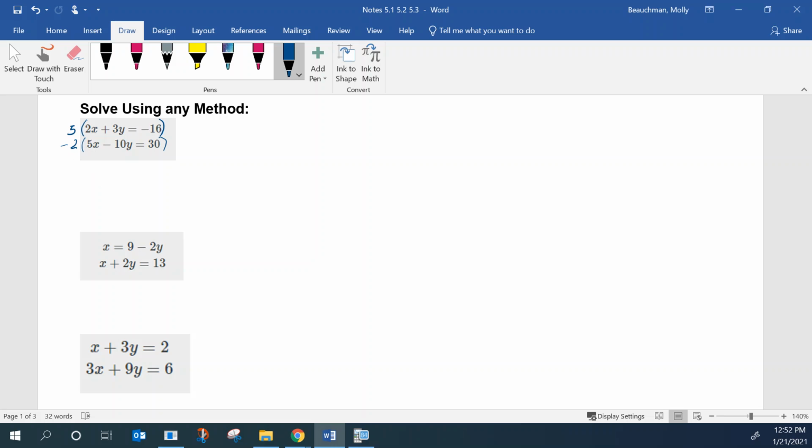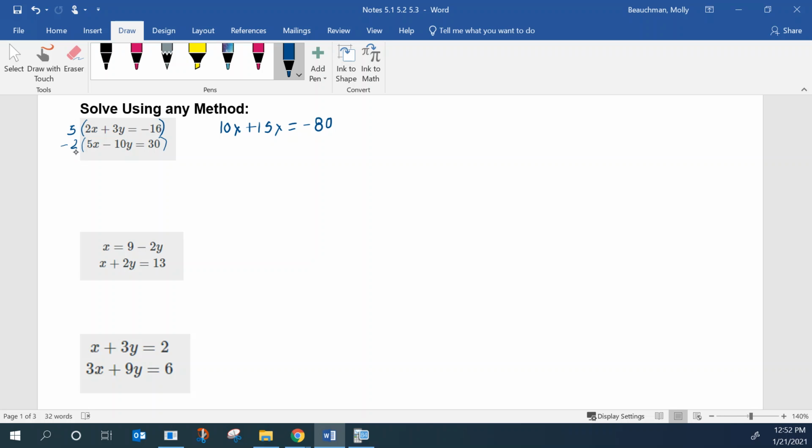I'll get a calculator just to do some arithmetic. Multiply the top equation by 5, we end up with 10x plus 5 times 3 is 15y, is equal to negative 16 times 5, which would be negative 80. So they're multiples of each other.